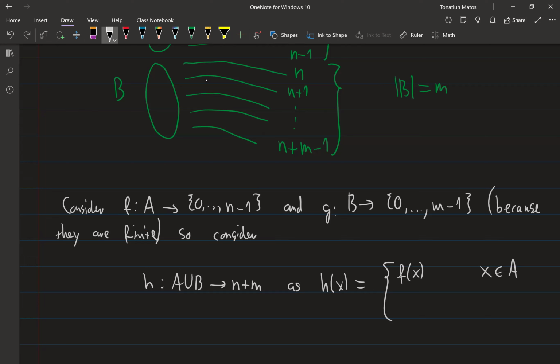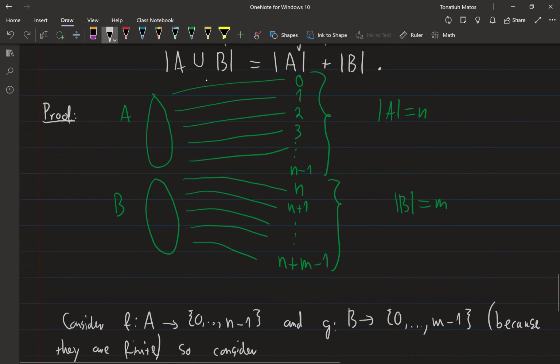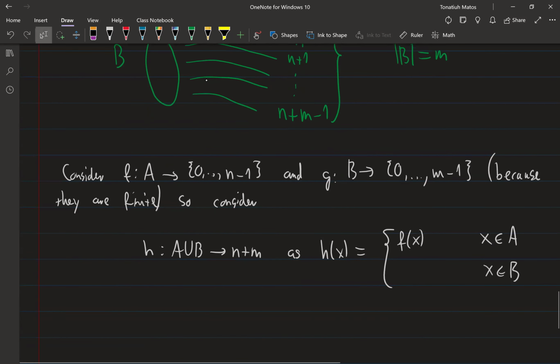We just assign the number that f assigned to it originally. But if it isn't in A, if it's in B, then we need to shift it, right? And we have to shift it by n. So we just do this. And I think this works. h is bijective, right?